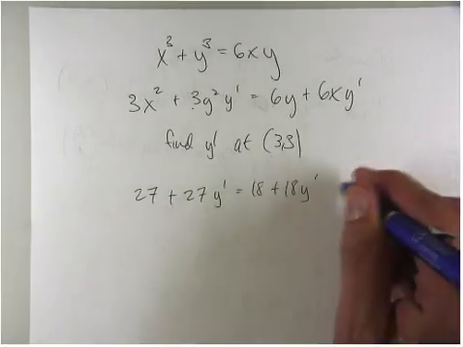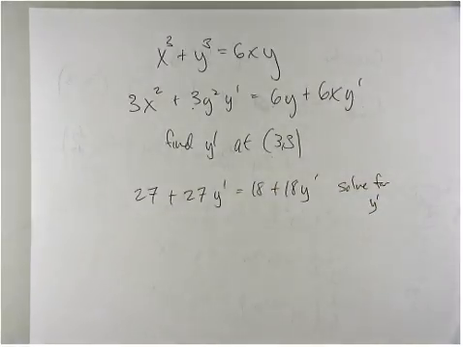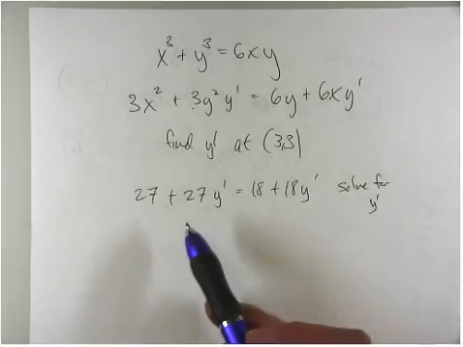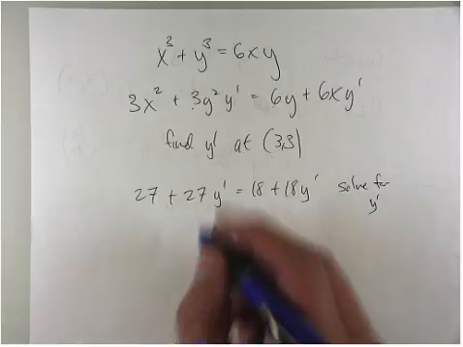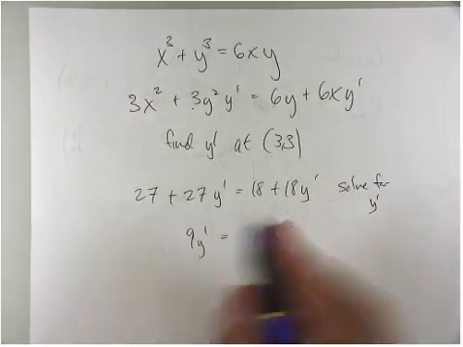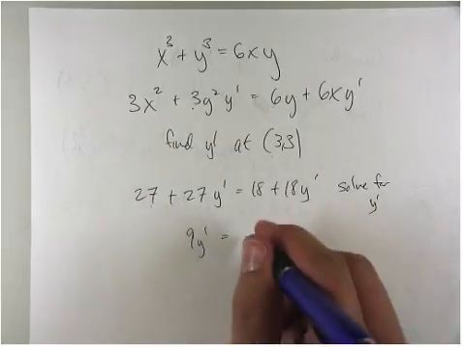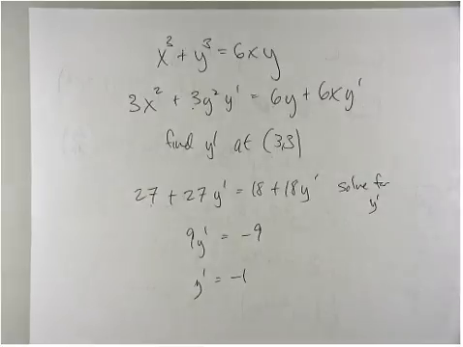I just need to solve for y prime. Move all the y primes to one side. 27 y prime minus 18 y prime is 9 y prime. And if I subtract 27 from the right side, I get negative 9, which means that y prime is negative 1.